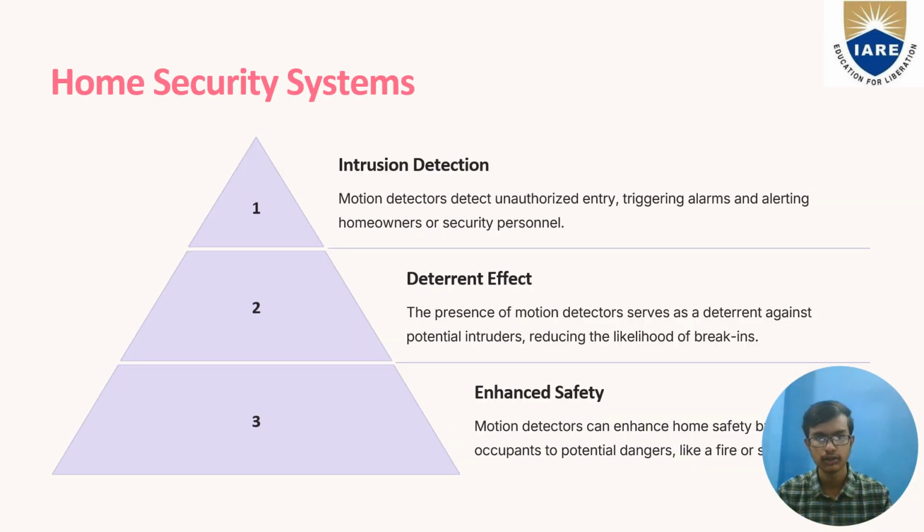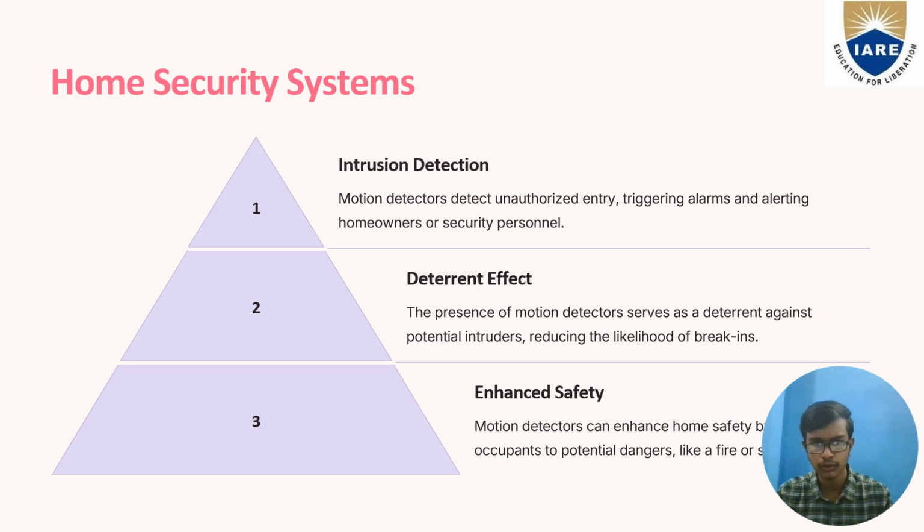Now let's talk about home security systems. The first point we must know is that motion detectors detect an unauthorized entry, triggering alarms or alerting homeowners or security personnel, as we have discussed earlier. The second point is the deterrent effect.